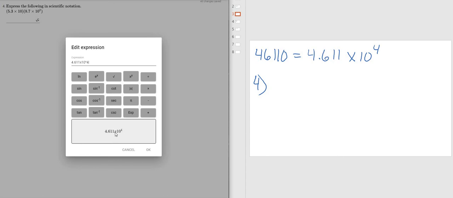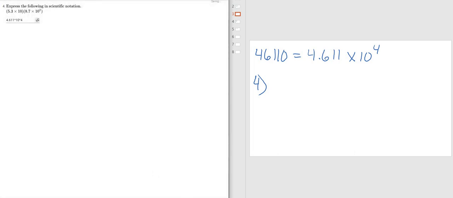Notice down here it shows you what that looks like. If you push an X on your keyboard, it does not interpret that as multiplication. So don't use that X, use the times here, or you could use a little star from your keyboard. This is the way it's going to be. You're not going to have an X in it, and that's the way that we'll type our answer in. Okay.